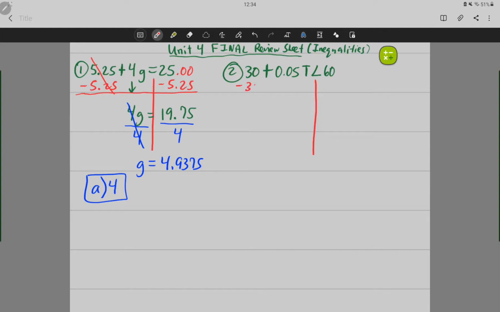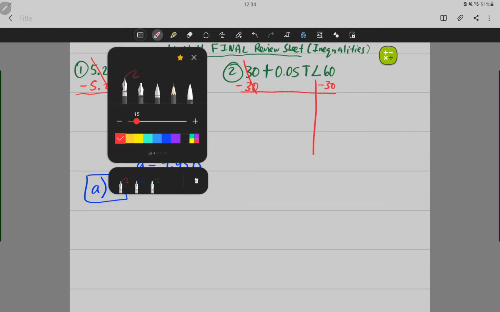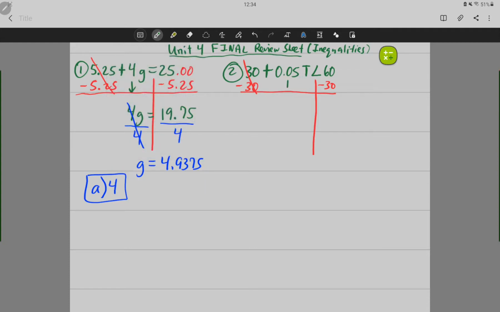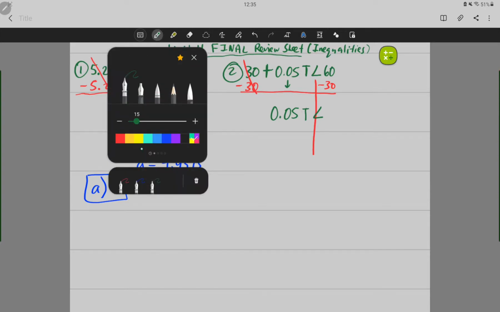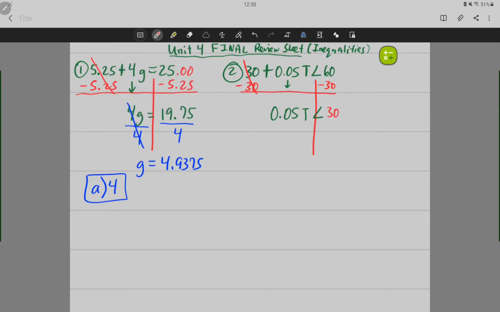So subtract 30 on both sides. 30 minus itself is 0. Just cancel that. Haven't used the 5 cents, 0.05t. Just bring that down. Bring down our less than symbol. And 60 minus 30 is going to give us 30.